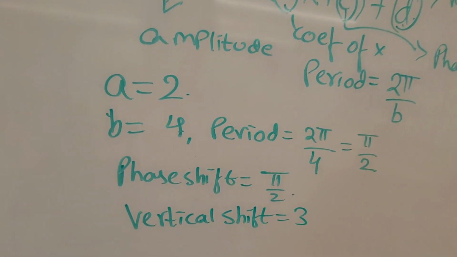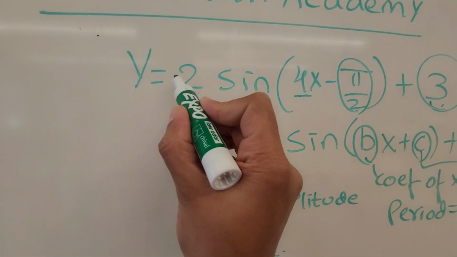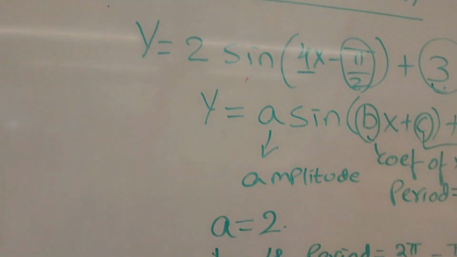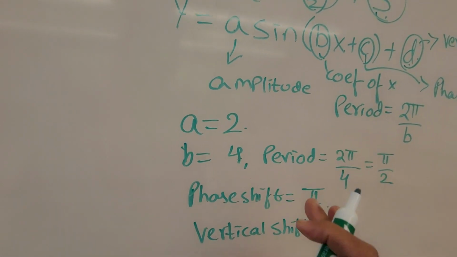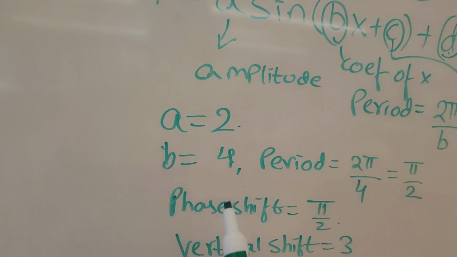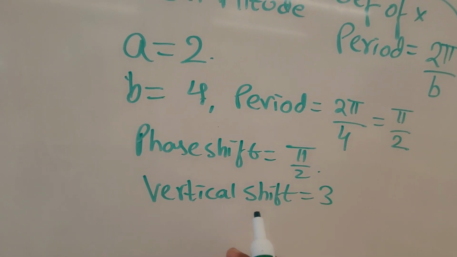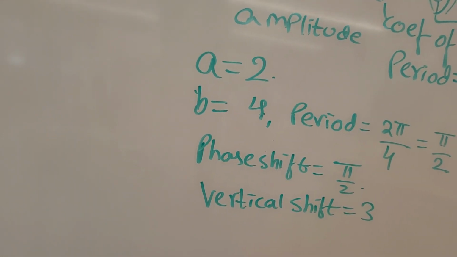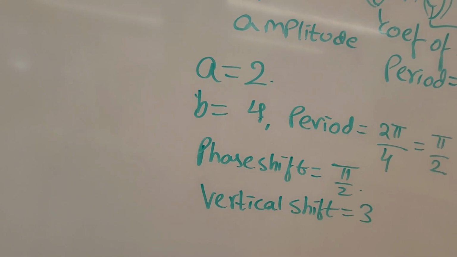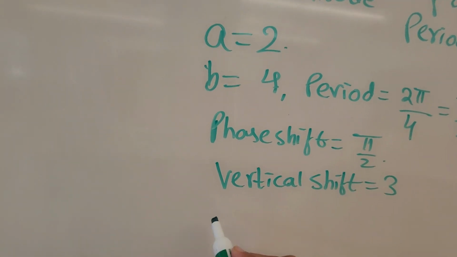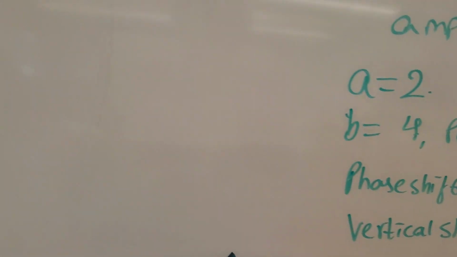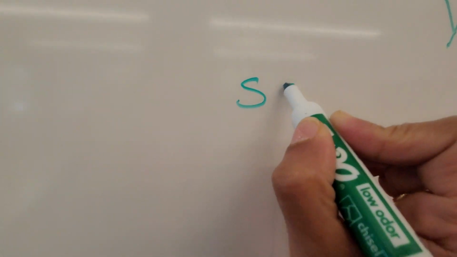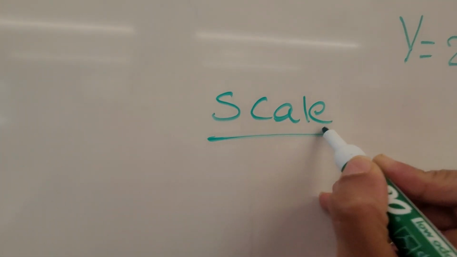As you can see, there is no negative sign here, so the graph stays on top. The amplitude is 2 and the vertical shift is 3. One thing we need to do here is find the scale for the graph.